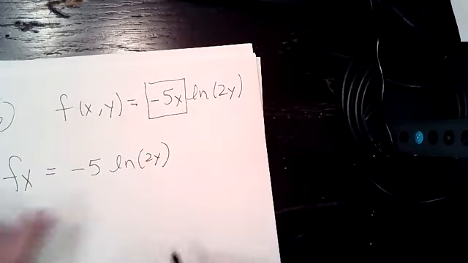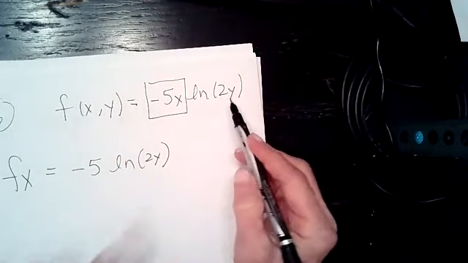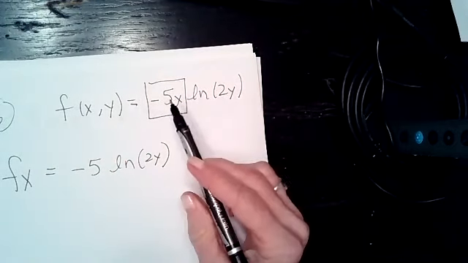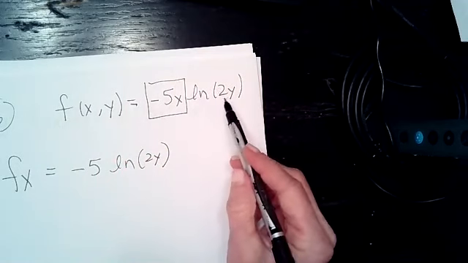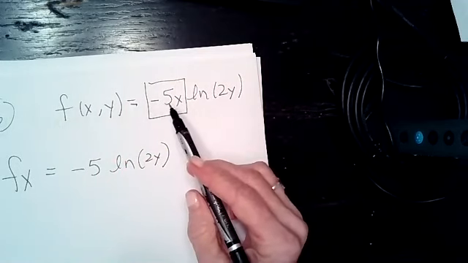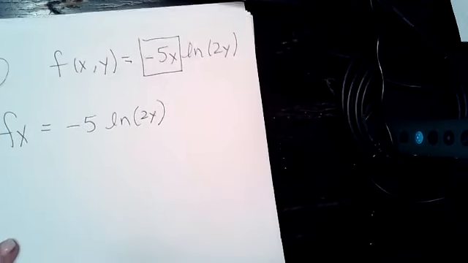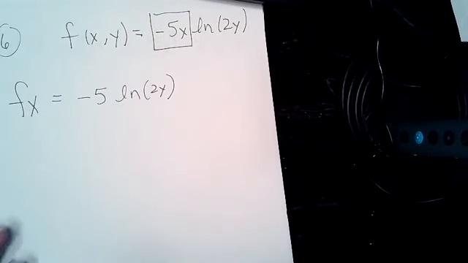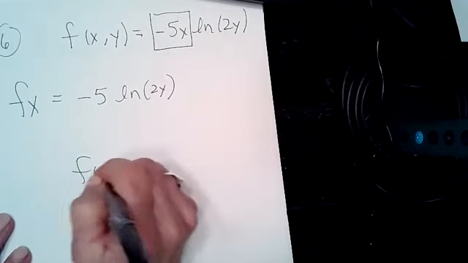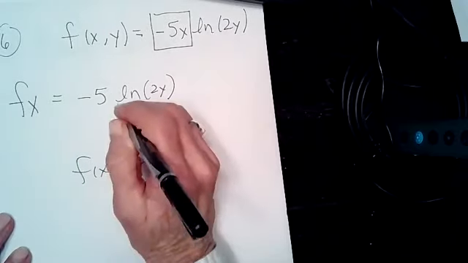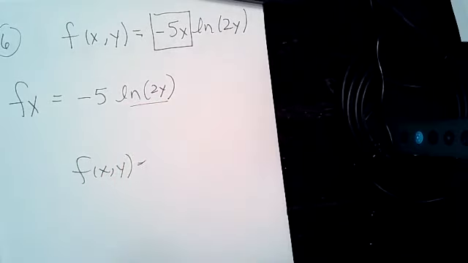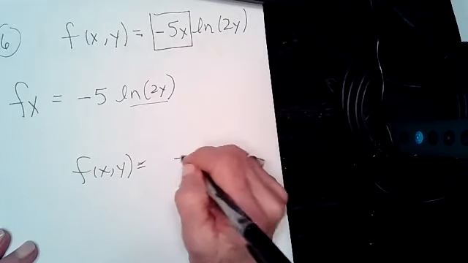Now I keep the ln because the y term is just constant, okay? So I had a variable times a constant. I took the derivative of the variable term times the constant term, okay? And then let me write this down again. The only reason it has the ln in it is because I wasn't taking the derivative of the ln term.